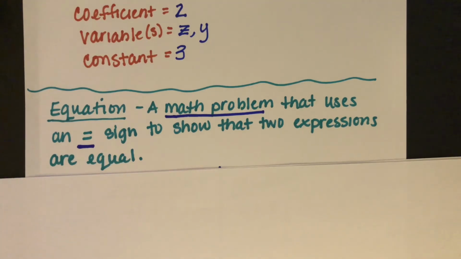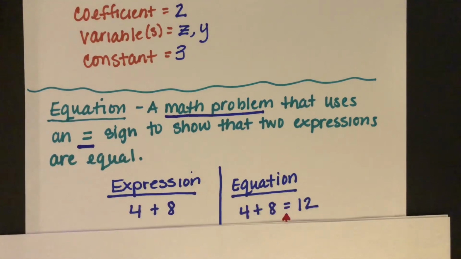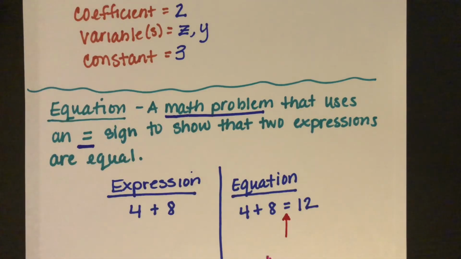So what does that mean? I have an example here of the difference between an expression and an equation. And again, pause this as needed. The difference here is the expression. We just said that an expression is a math problem. So here's an example of an expression, 4 plus 8.